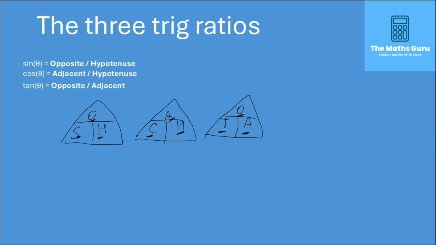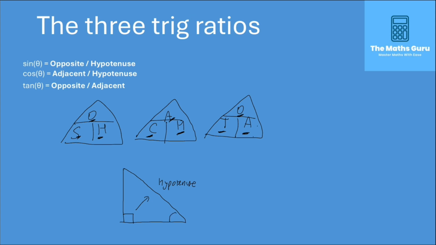Now I'm going to teach you how to label a triangle, and trigonometry is all to do with right angled triangles. So let me draw out a triangle for you. Now remember, we always start by labeling opposite our right angle, and we label this hypotenuse. And hypotenuse is going to be our longest side always.